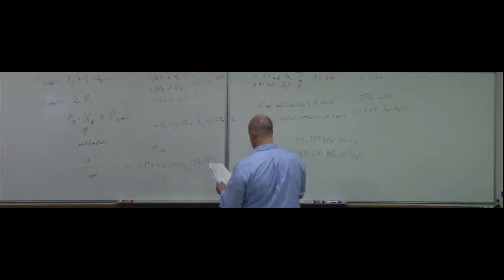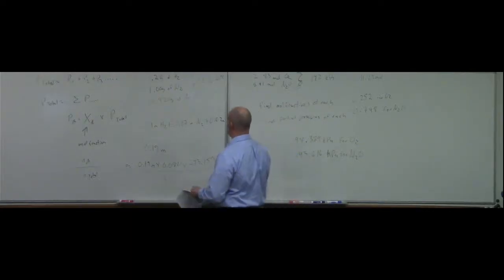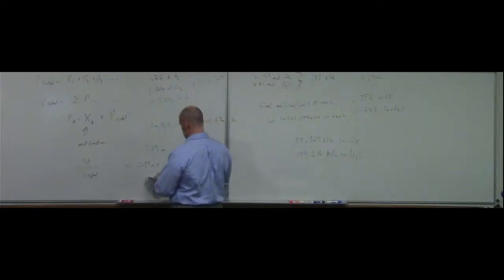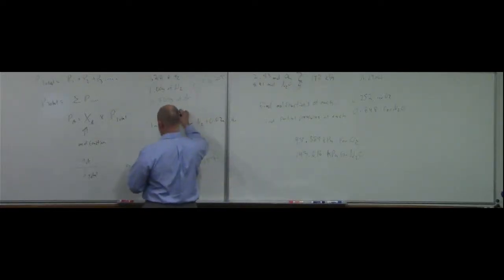I think the number of moles of N2 is wrong. Oh, it's 28.2. Yeah. Ah, that'll change everything. Okay, so 1 divided by 28.2 is 0.035.